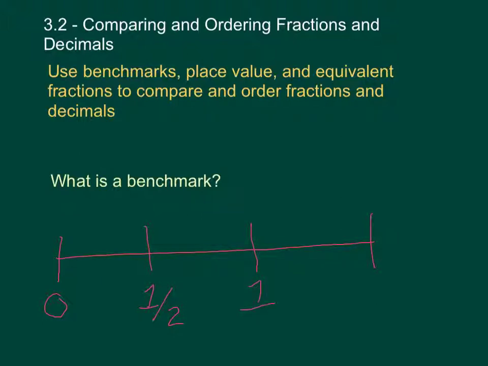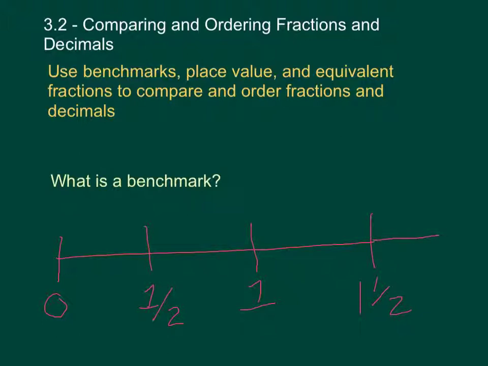Keep in mind, it has to be logical. If this is my benchmark for 1/2, we know it has to fall halfway between 0 and 1. We have to stay consistent. If this is 0, 1/2, 1, it looks like our benchmarks are going up by 1/2. So this would be 1 1/2.